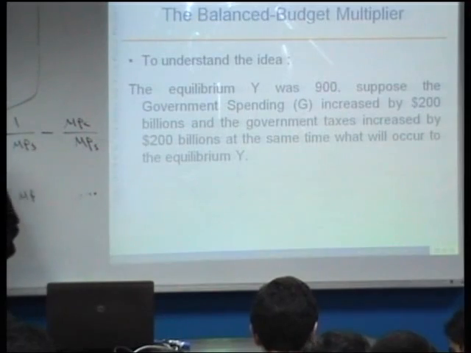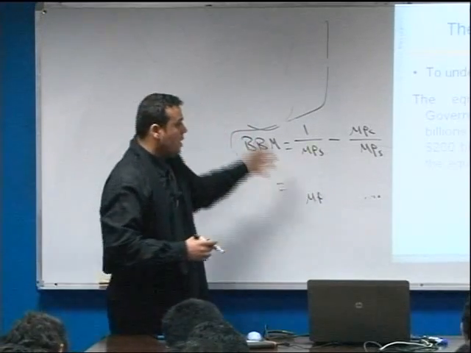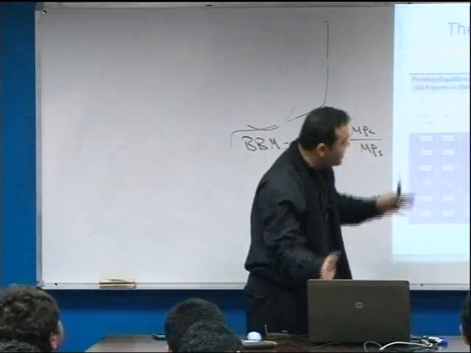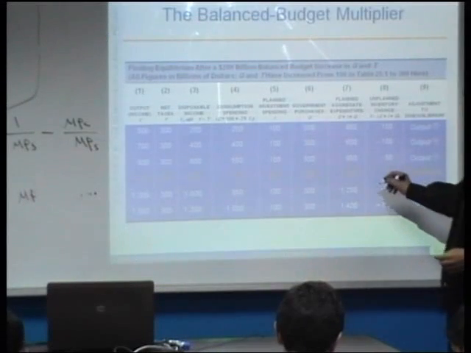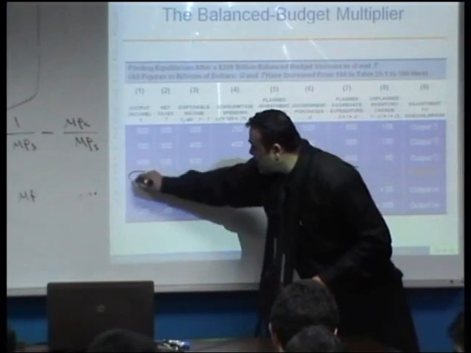What will occur to the equilibrium Y? Let's come back here. It's related to this exercise. As you see, this is Y, taxes, YD, C, I, G, and the equilibrium. We derived the equilibrium here, which is at point 1, or at Y equals 1100.